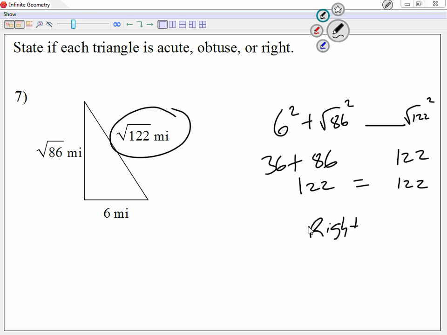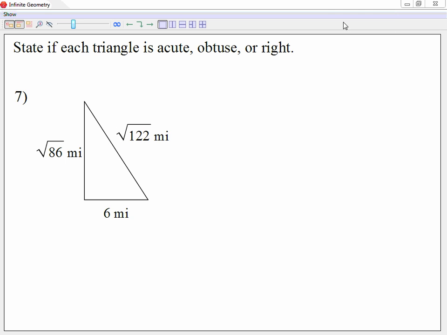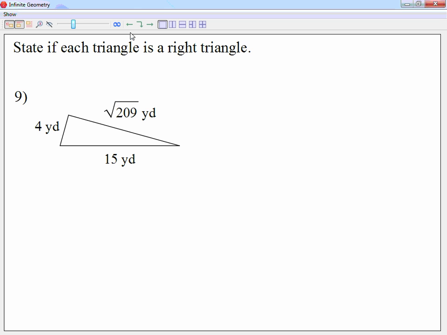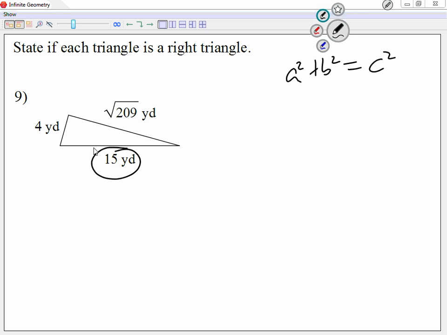All right, let me skip to question number 9. It says, state if each triangle is a right triangle. So all I'm asking you here is a squared plus b squared, is it equal to c squared? I'm asking you if it's a right triangle, so the Pythagorean theorem should work. My biggest side is 15. I'm comparing the length. So I'm just going to write 4 squared plus radical 209 squared should be equal to 15 squared.